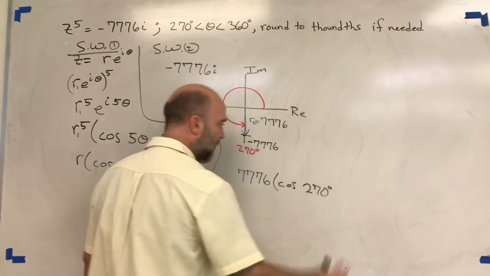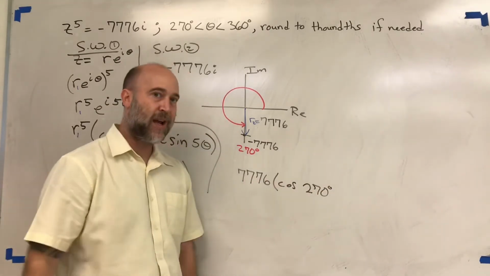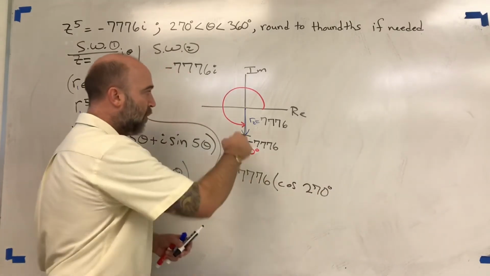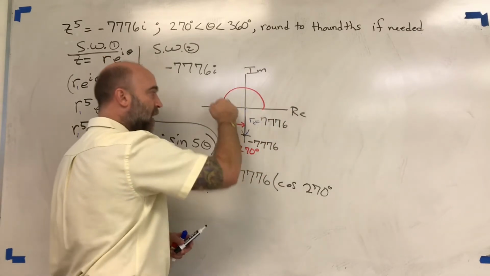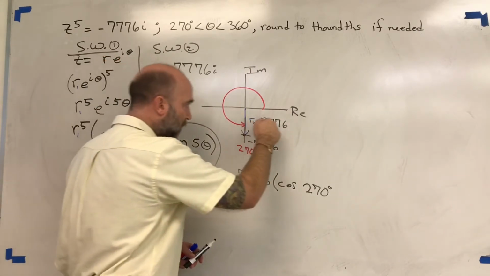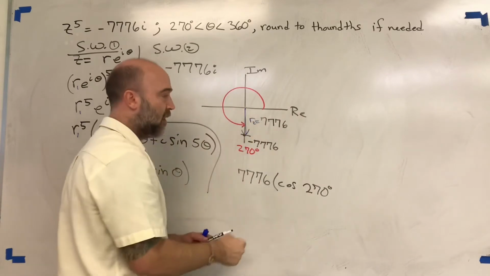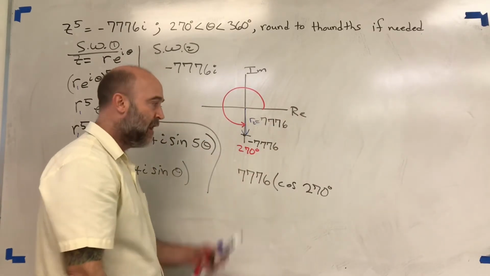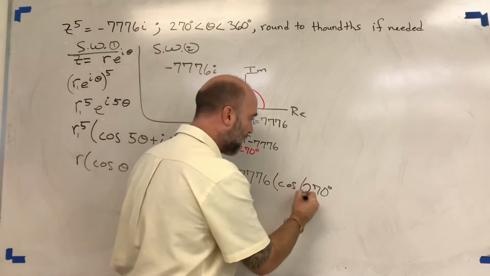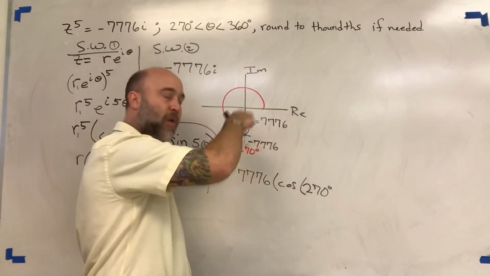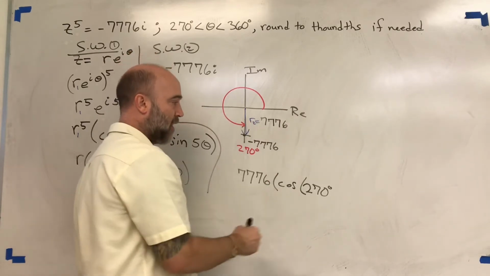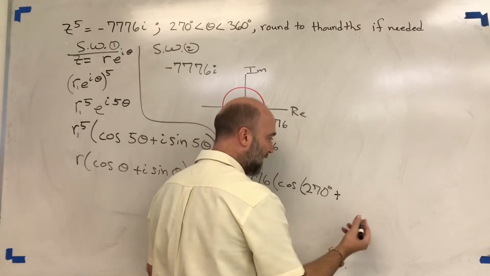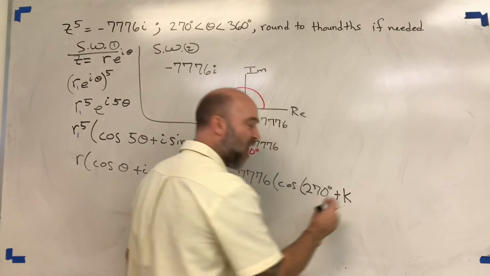Now, as I'm writing this, I remember that we can go around again and hit that 270. We can keep doing that as many times as necessary. So it's real important that we consider the fact that we can go around over and over again to hit there. So we would say plus some constant k.